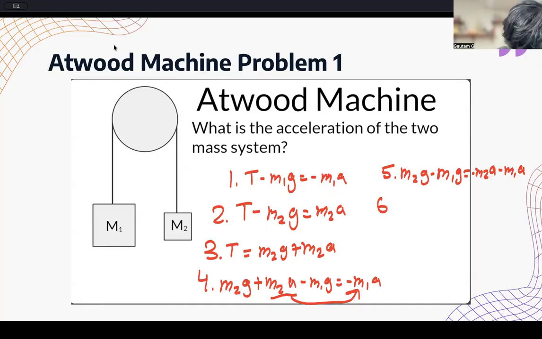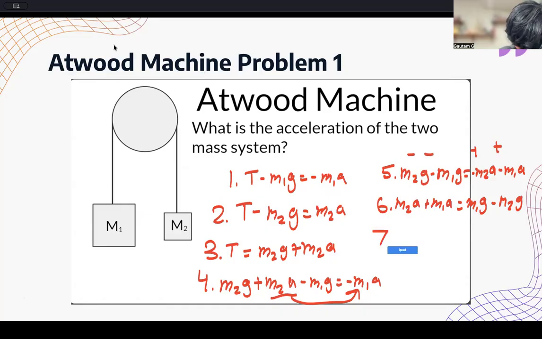Wait. Okay, so let's flip it. Let's do m1a equals m1g minus m2g, correct? This makes sense, right? I just added in the minus on each side. I just flipped it so the a's are positive and this is negative.